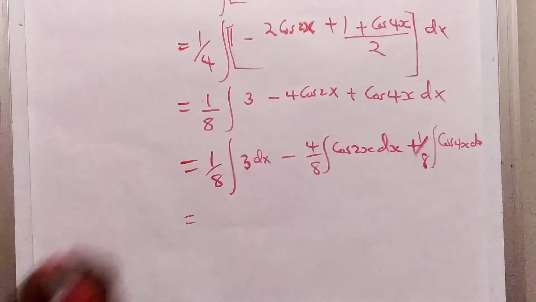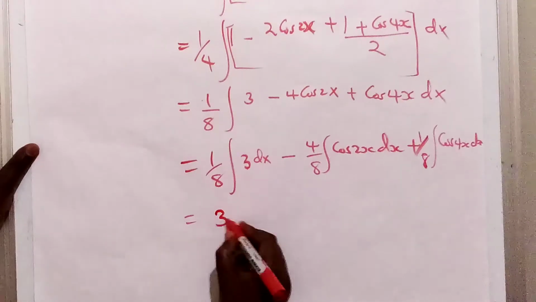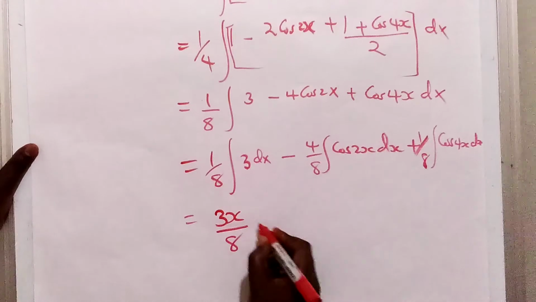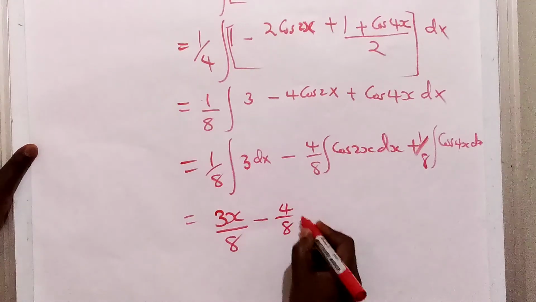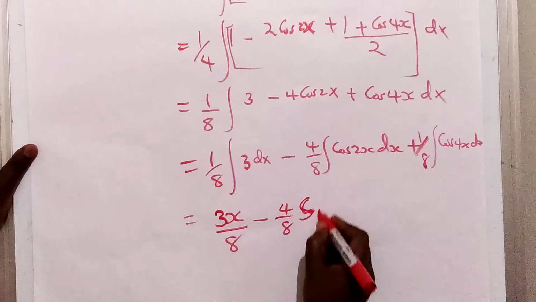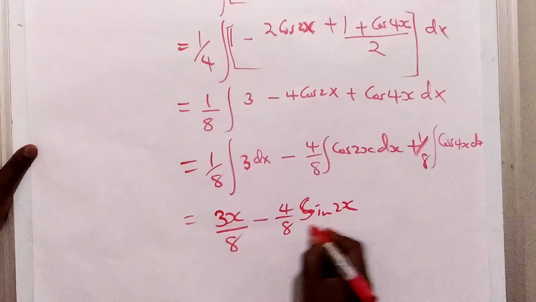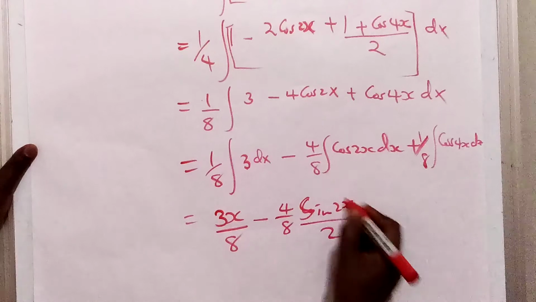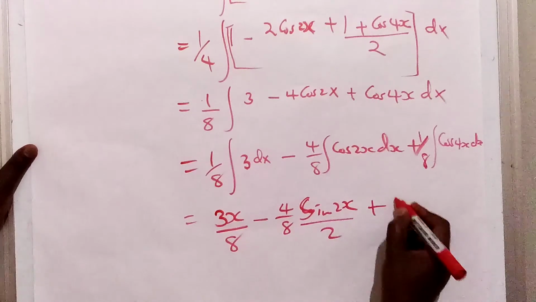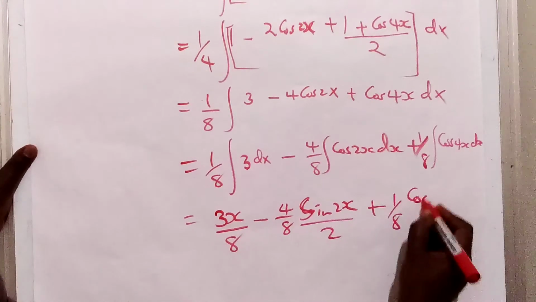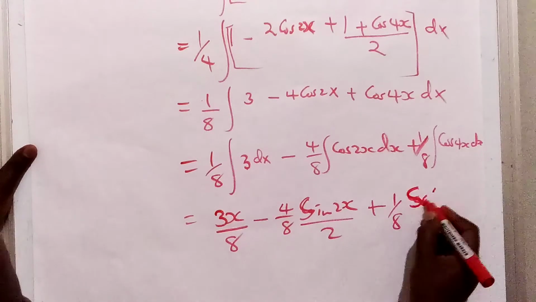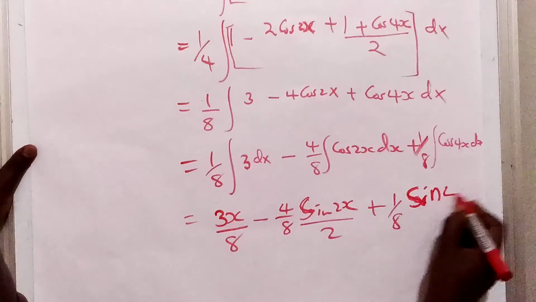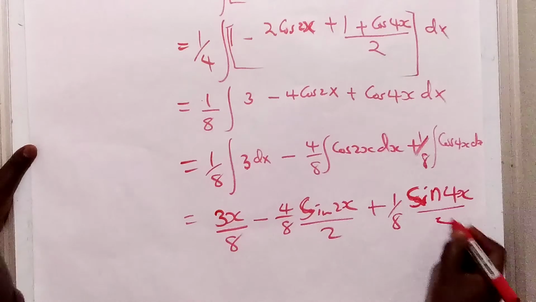So 3x over 8 minus 4 over 8 sine 2x over 2, the derivative of the angle, plus 1 over 8, cos integrates to sine, sine 4x over 4.